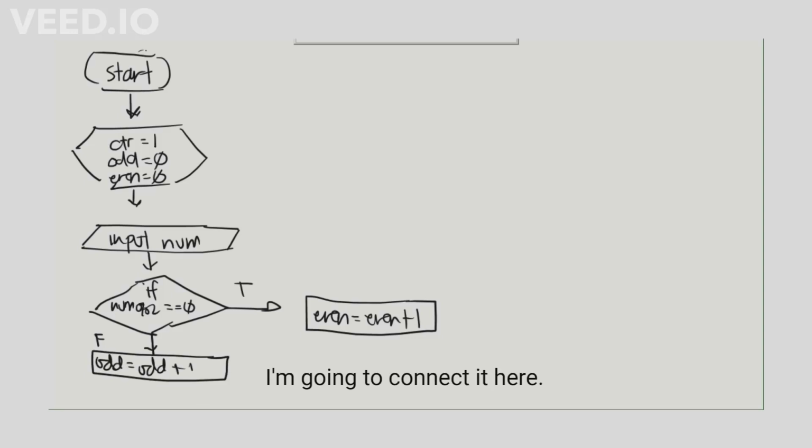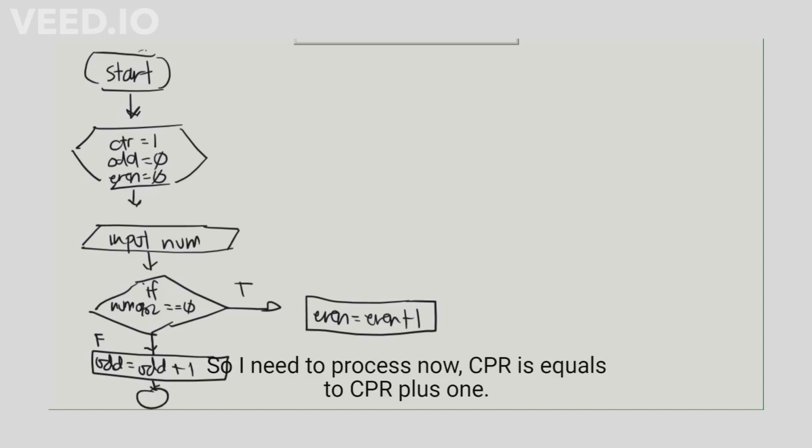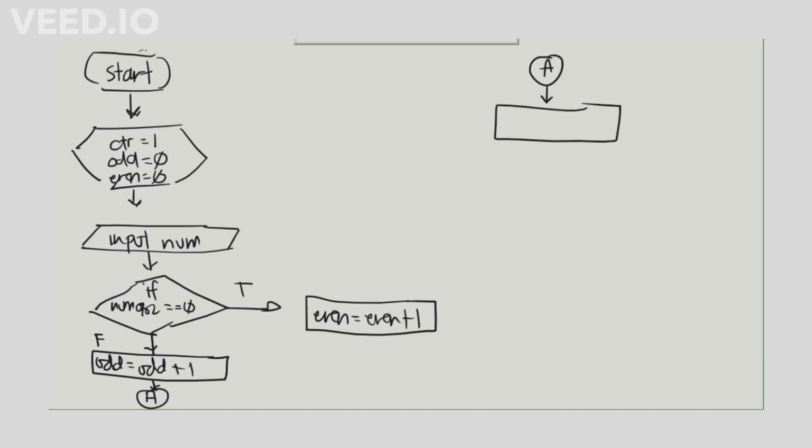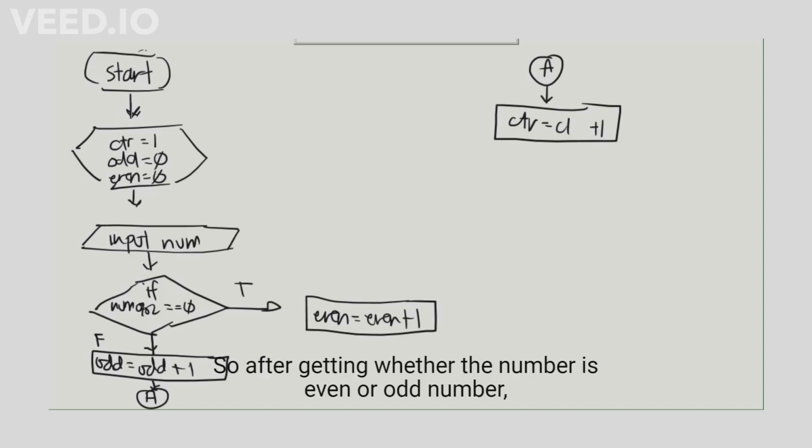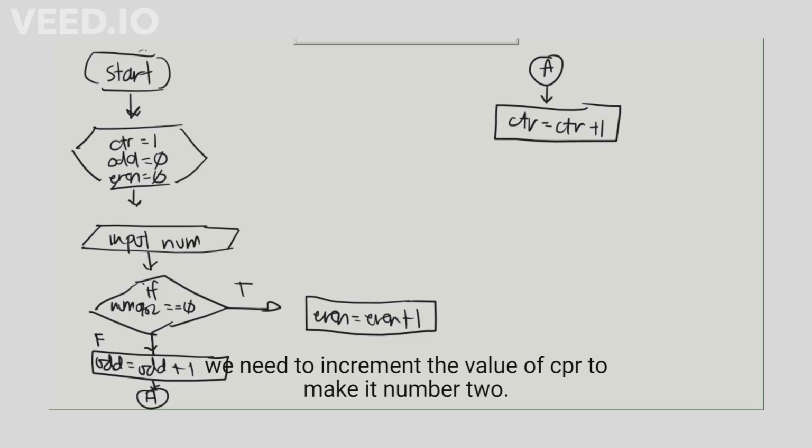Then let's have a label connector here and connect it here. I need to process now CTR equals CTR plus 1. After getting whether the number is even or odd, we need to increment the value of CTR to make it num2.